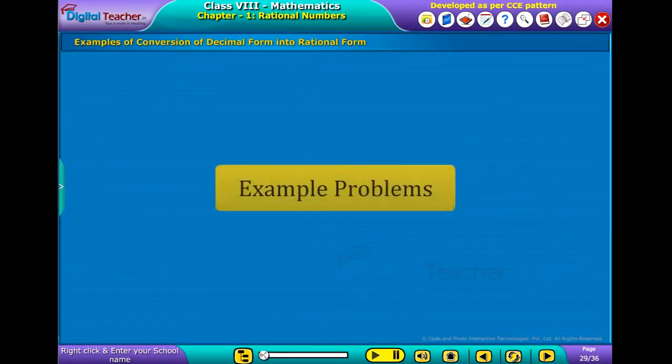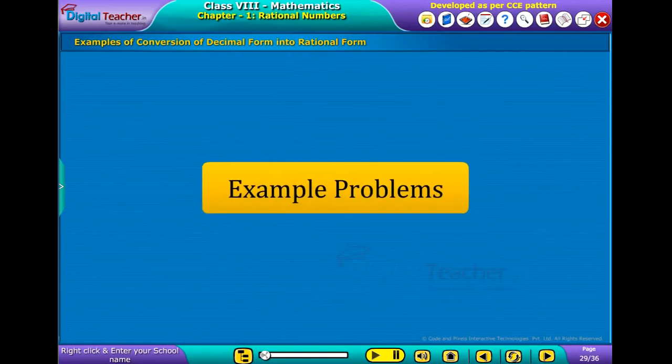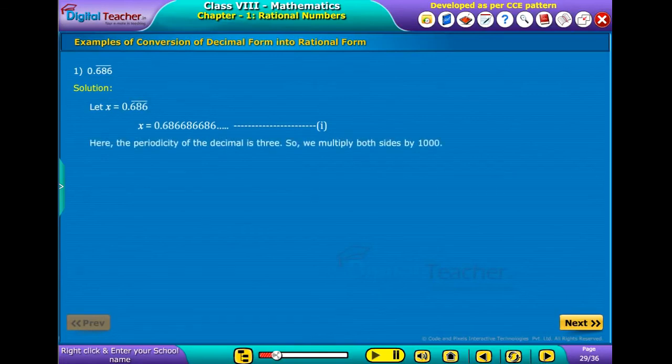Let us solve some example problems on conversion of decimal form into rational form. 0.686 bar. Solution. Let x equal 0.686 bar, which is represented as equation 1. Here, the periodicity of the decimal is 3.